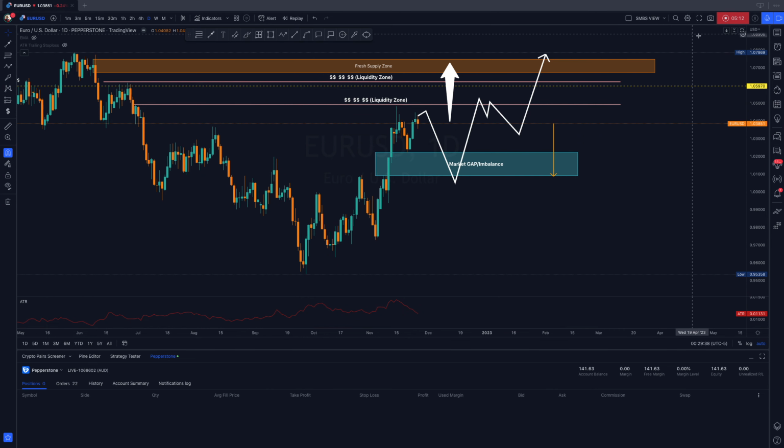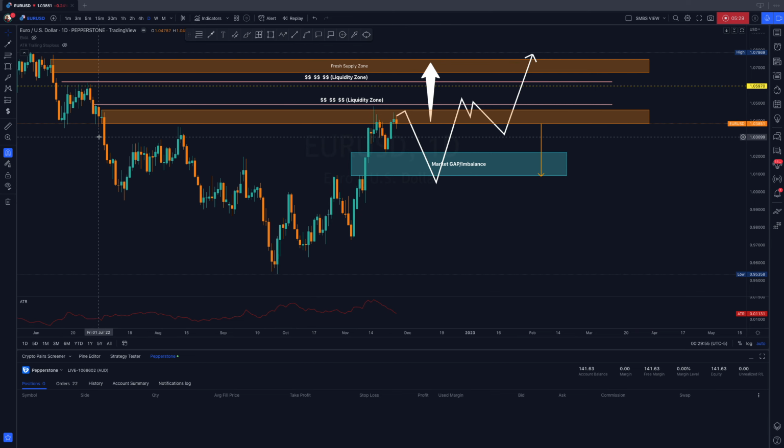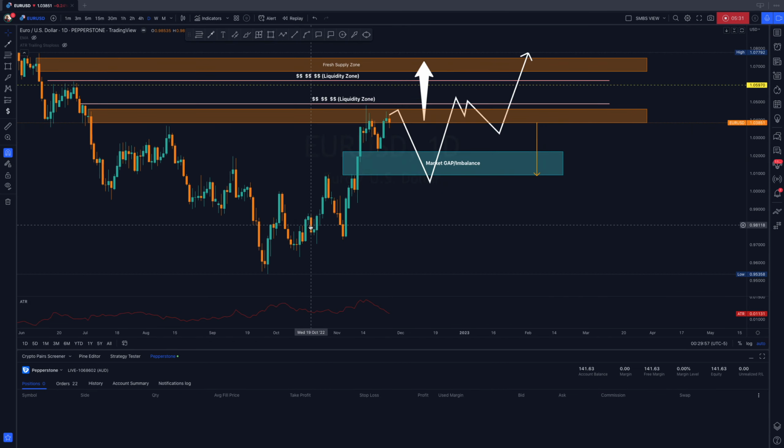Another example that I can show you of a supply zone, this was a supply zone here. You always look at the last candle before a big candle move. So this was a supply zone, and that is where the price is at this particular point of time. Because of this, there was this up move.